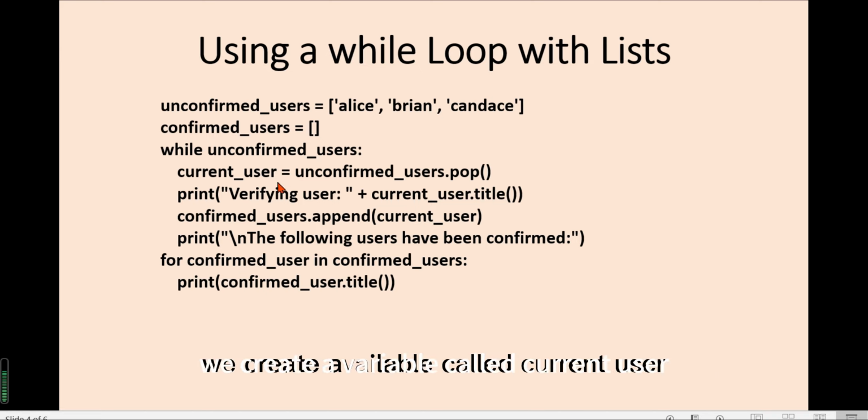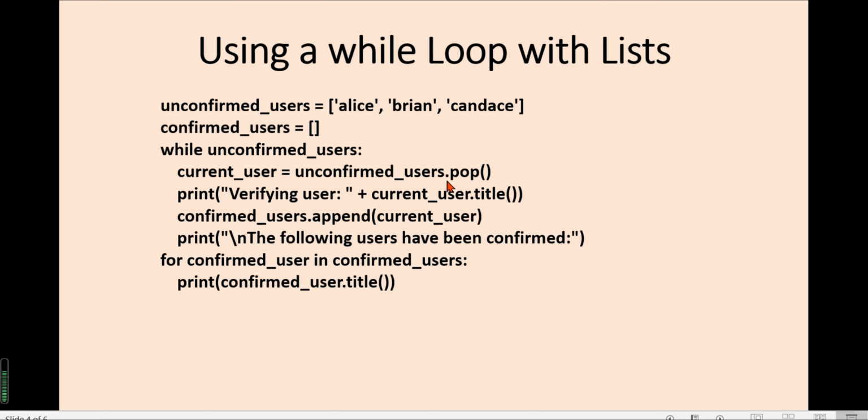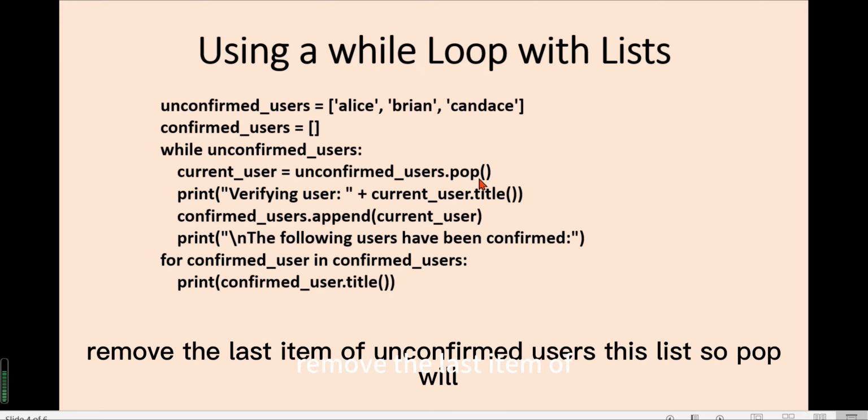First, we create a variable called current user, and the value of the current user is unconfirmed users dot pop. We have learned that the pop function removes the last item of this list.